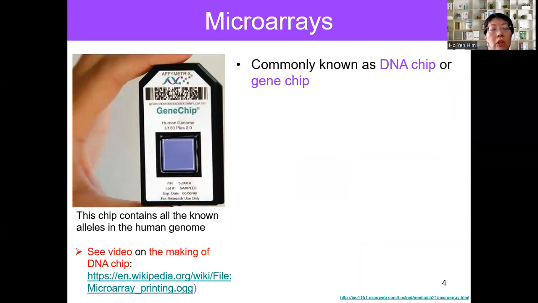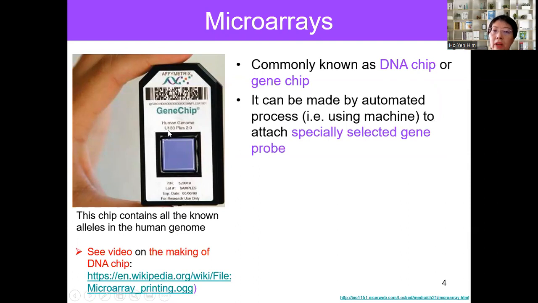This chip stores a lot of information in a tiny object. That's why it's called a chip. So this one has what information? The DNA probes. So they call it a DNA chip or gene chip. If the probe is able to bind to the gene, we call it the gene chip.